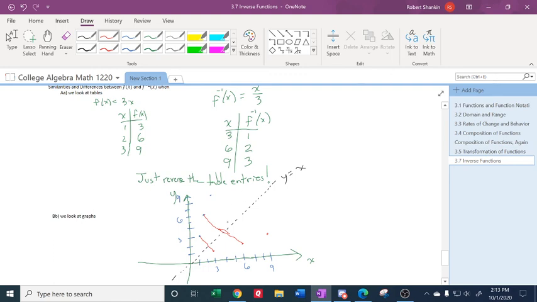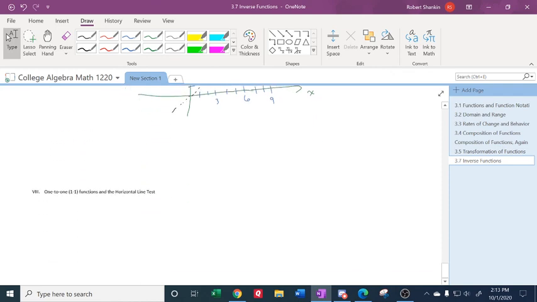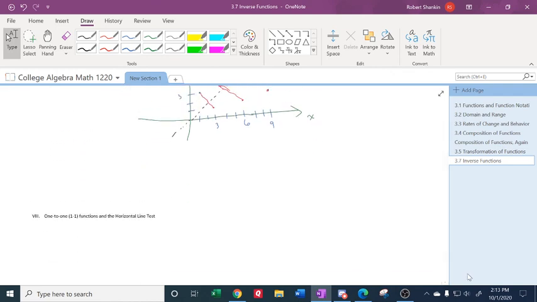Alright, and what happens is whenever you have a function, let me give you any old function x, y. If I have a function that does this, let me fix it up a little bit.